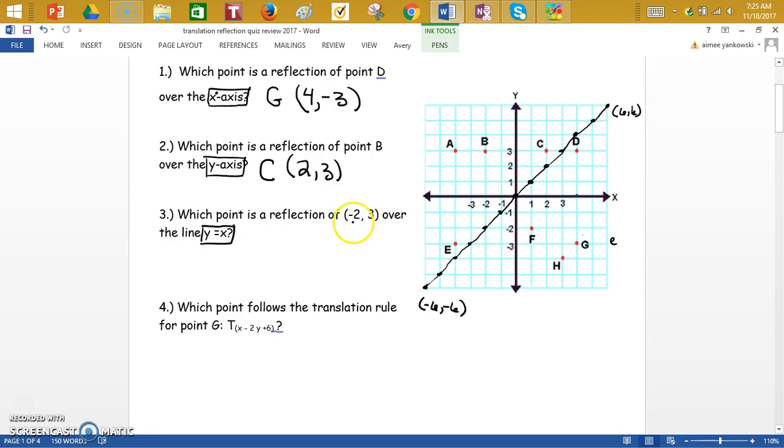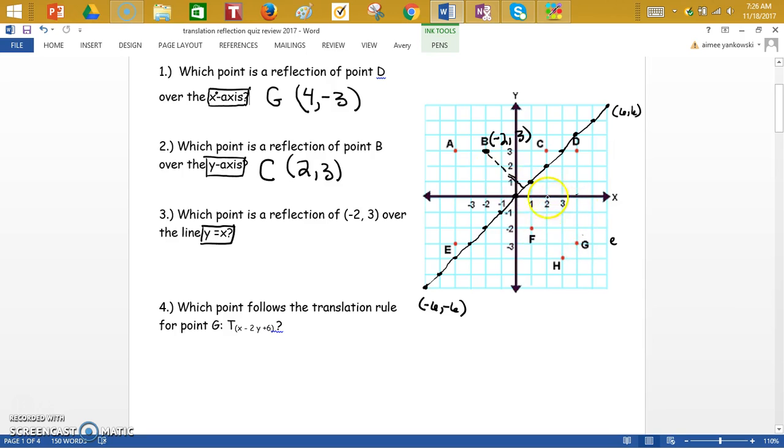So if I have the point negative 2, 3, that's point B. And I'm reflecting it over the line y equals x, that means if this was a mirror and I was looking directly into the line y equals x, where would B, or negative 2, 3, land?